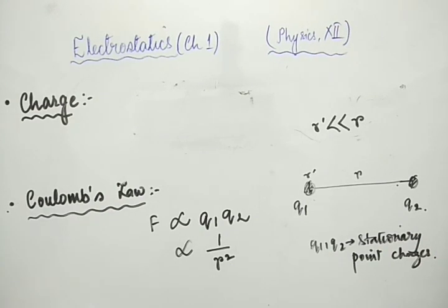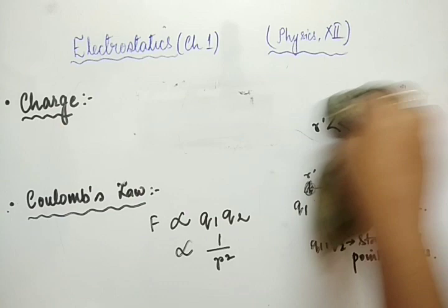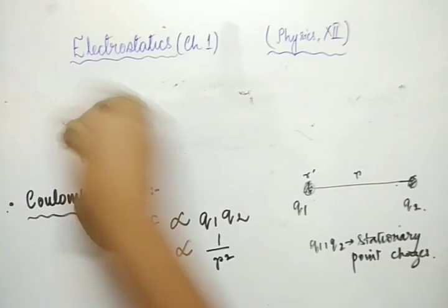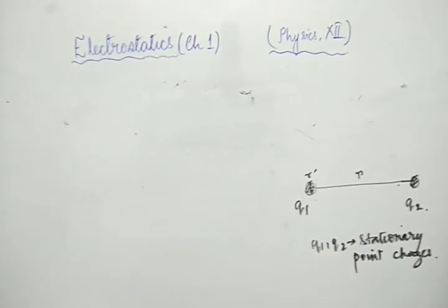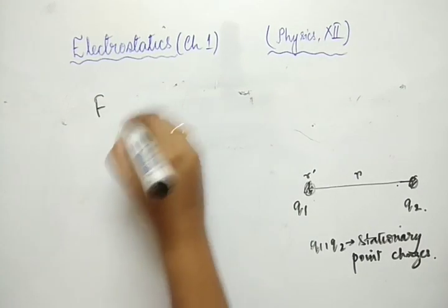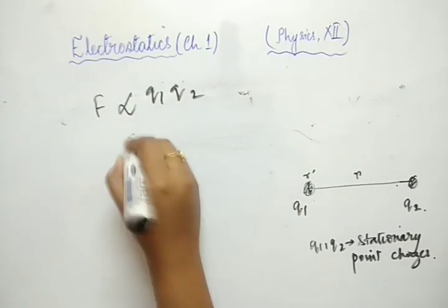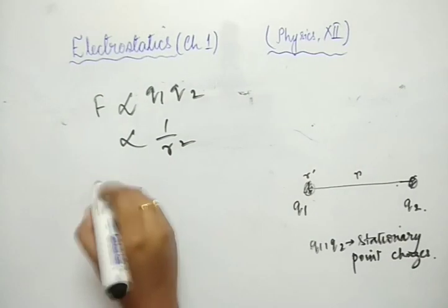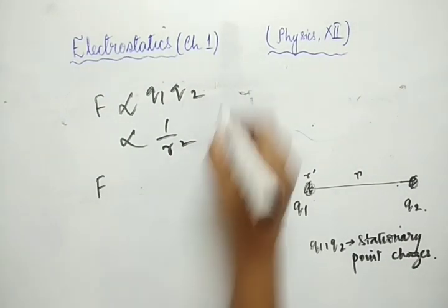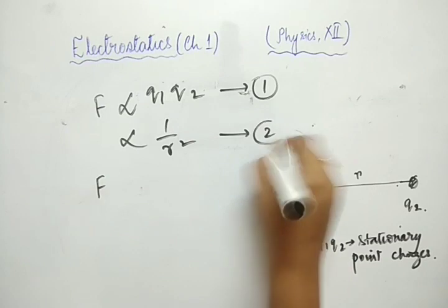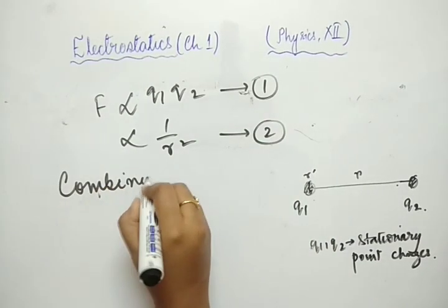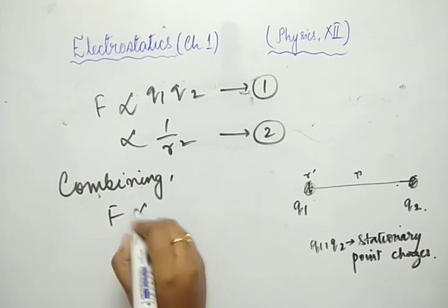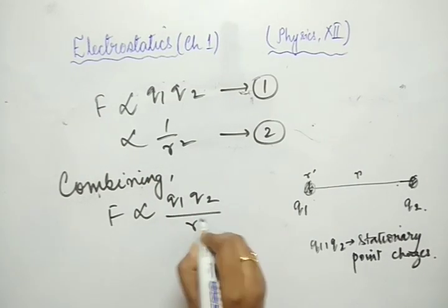Now if we remove this proportionality sign, what will happen? Let's see. If F is the Coulombic force, proportional to Q1 Q2, and it is inversely proportional to R square, then combining 1 and 2, what we shall get is F proportional to Q1 Q2 by R square.